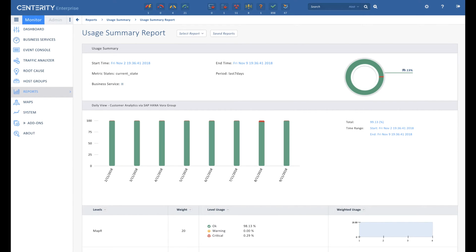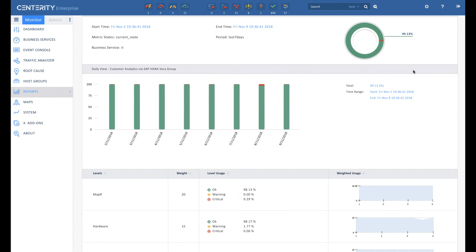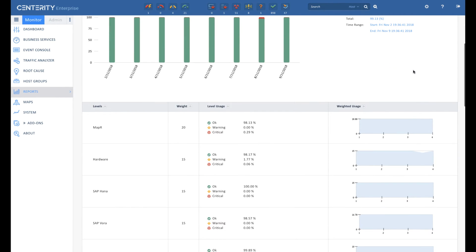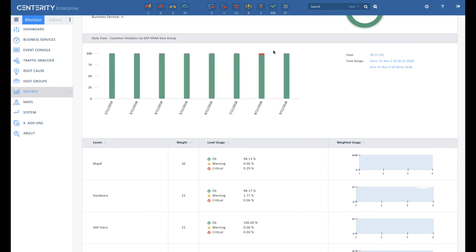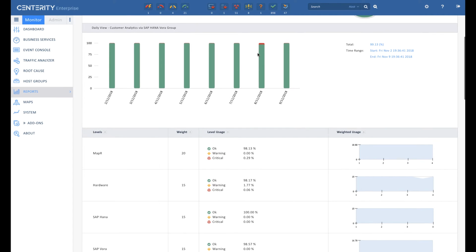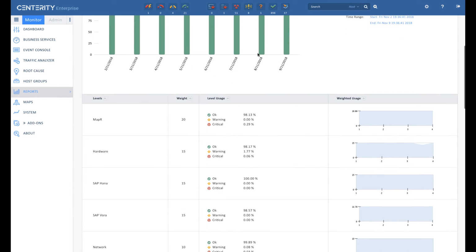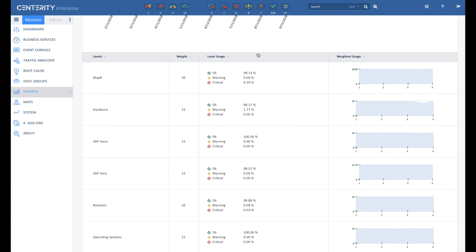So I can see here that I had 99.13% of availability on this business service in the past 7 days. This daily view graph can kind of show you which days were a little bit lower. For me, it was on the 8th.